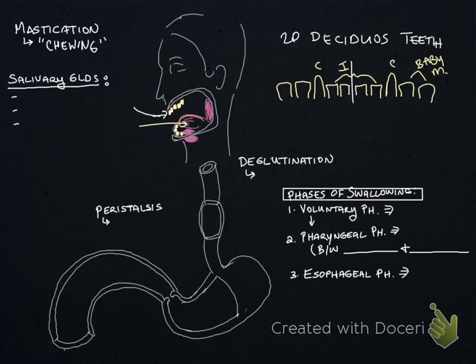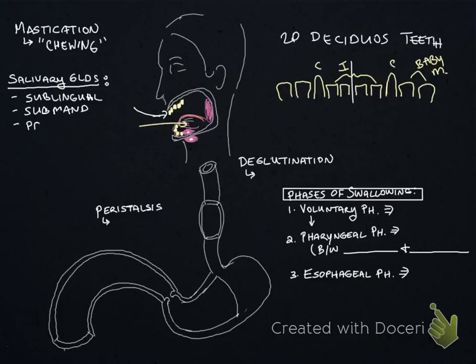We also have salivary glands here. We have the sublingual, which is underneath the tongue here. We have the submandibular, which is underneath the mandible.